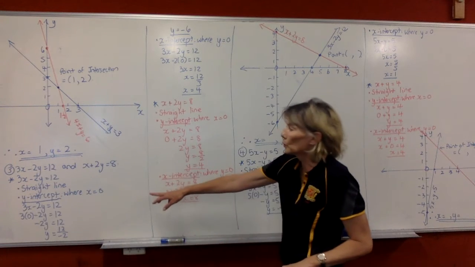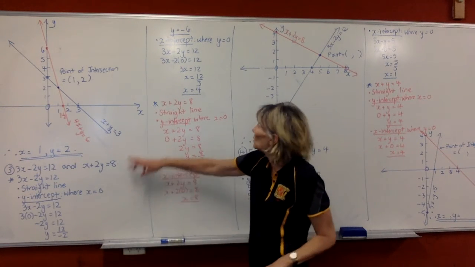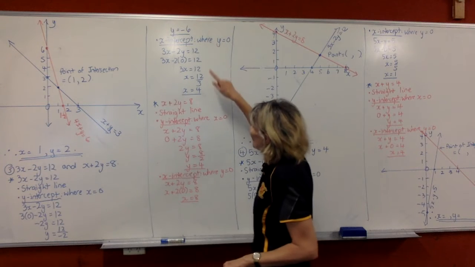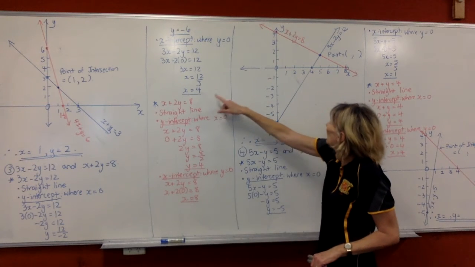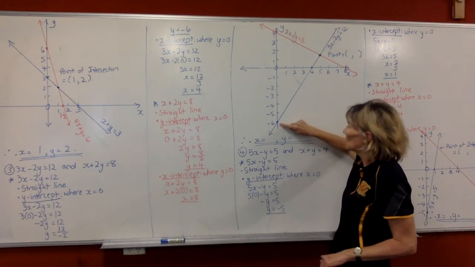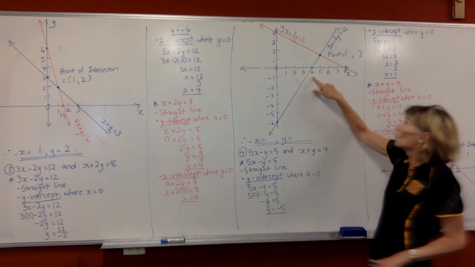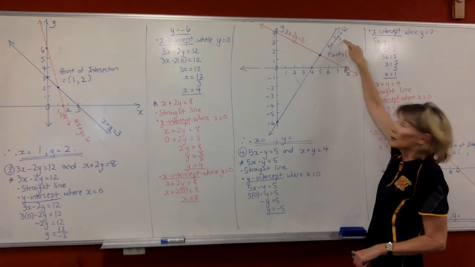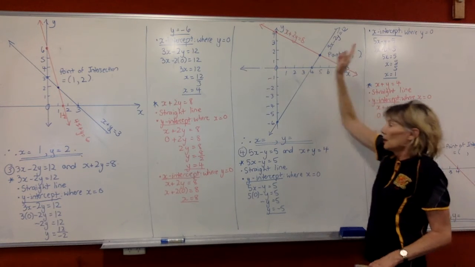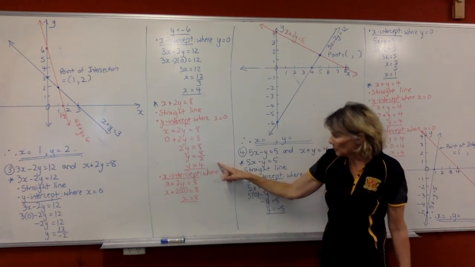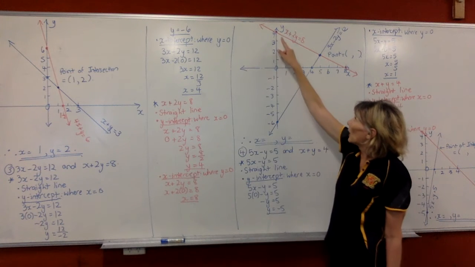So for our blue line, our 3x minus 2y equals 12, we're putting our y-intercept of minus 6 and our x-intercept of 4. So there's my y-intercept of minus 6, there's my x-intercept of 4, rule straight through and write the equation on. With the red line, we have a y-intercept of 4 and an x-intercept of 8.